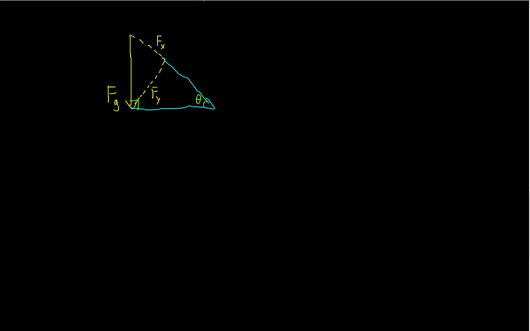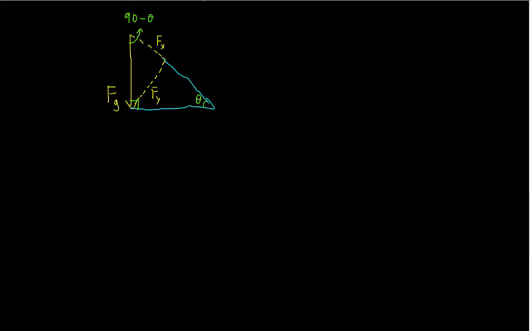Since this is a right triangle, the angles have to add up to 180 degrees. And since we have the right angle at the bottom left corner, the other two angles must add up to 90. So the angle at the top is going to be 90 minus theta, where theta again is the angle that the ramp makes with the horizontal.